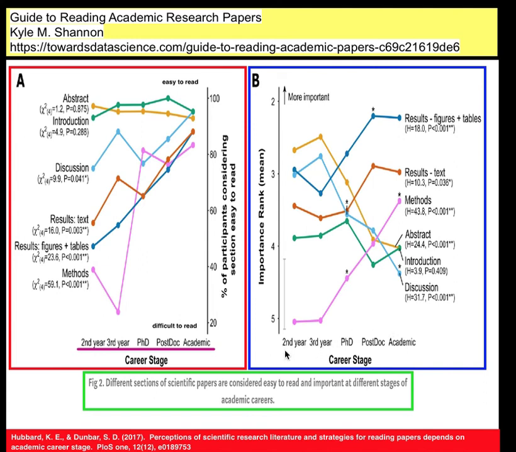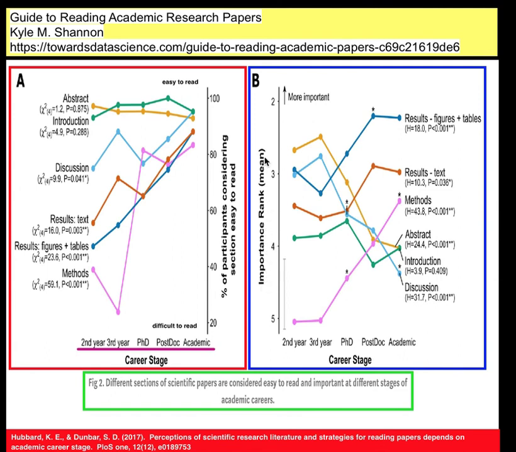Well, here we have the same thing. Here we have the career stages, second year, third year, PhD, postdoc, professor. Same as we had. And we have here, on this part of the axis, the y-axis, the important ranking.